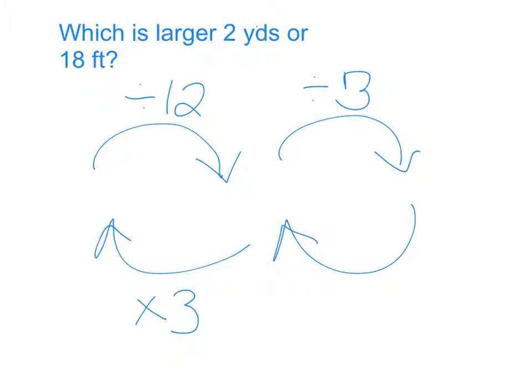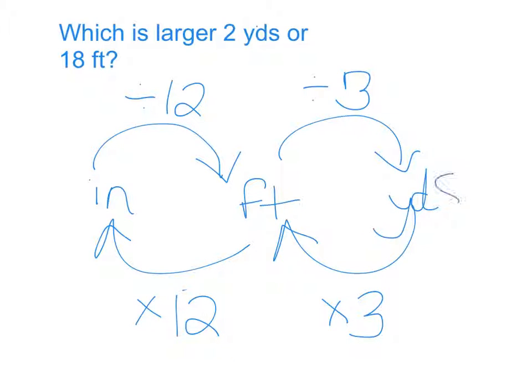Personally, I like multiplying, so I'm always going to make the units smaller. So inches, feet, yards, and it tells me I have 2 yards and I want to make smaller. So I'm going to do 2 yards and I want feet.